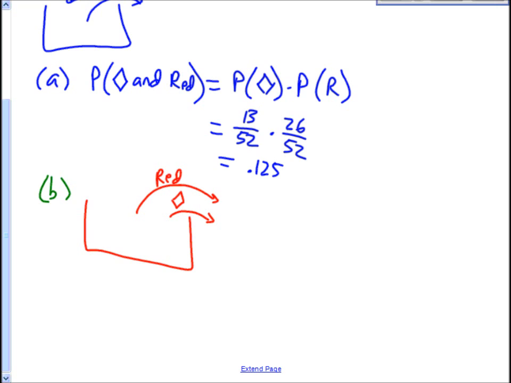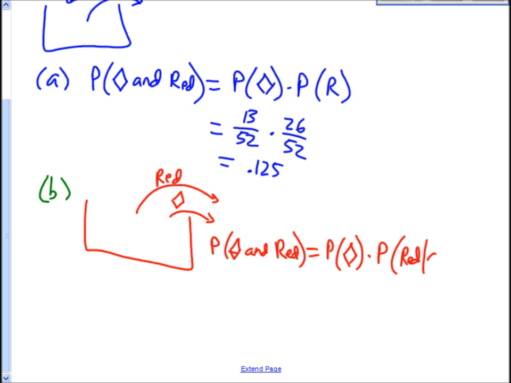Okay, so we're leaving the diamond out, right? So we have 51 cards left that we're pulling from. So probability of a diamond and then pulling a red, right? Would be probability of the diamond times probability of the red, given that you pulled out the diamond and you left it out, right?